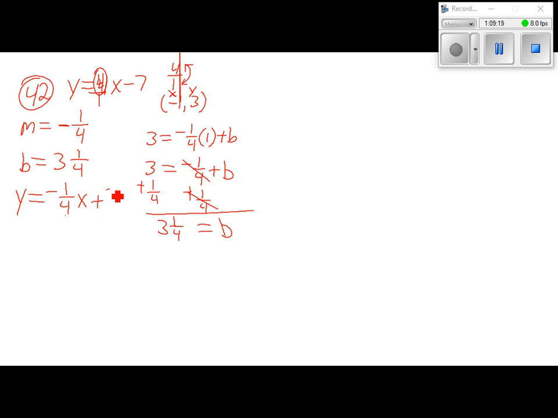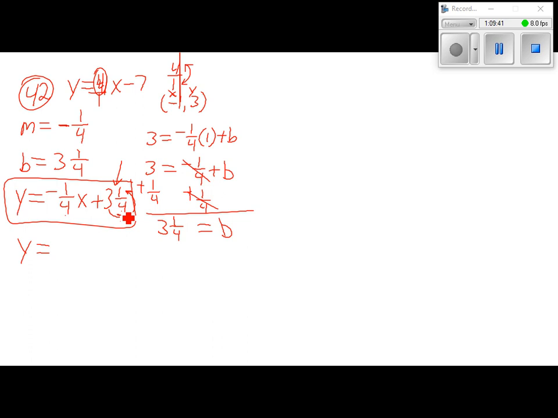plus the b. I would accept this form. It's not a real great form. A better form when you're dealing with algebra is if you change this mixed number. We don't like mixed numbers in algebra. Change it to an improper fraction. The way you change that to an improper fraction, you multiply the whole number times the bottom, and then add that answer to the top.